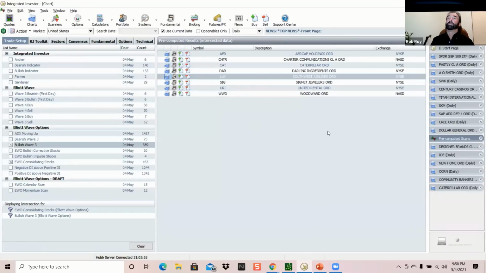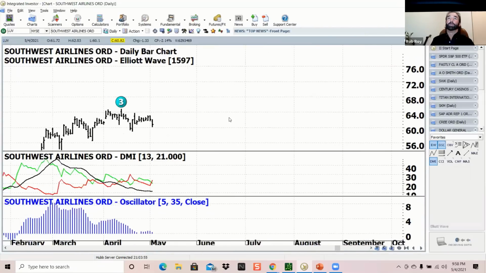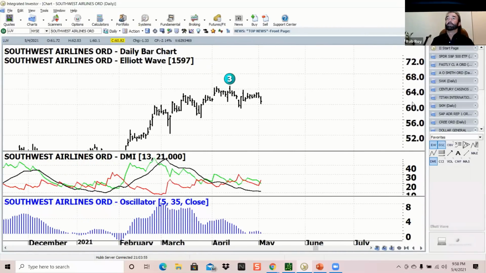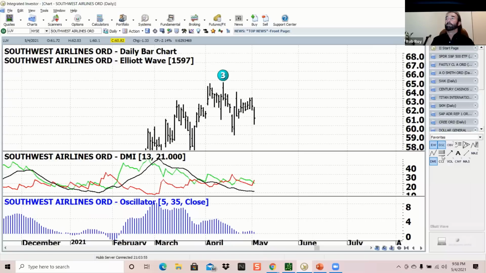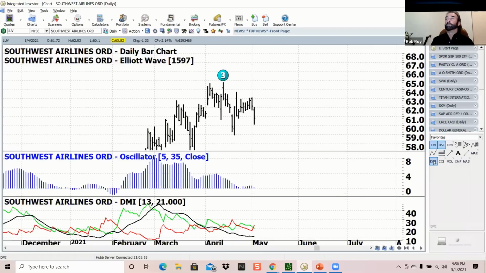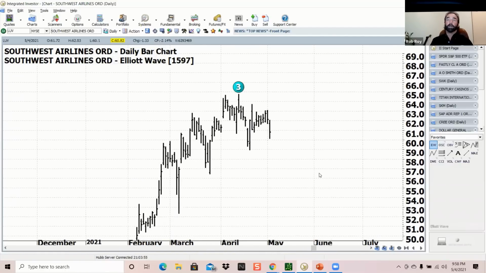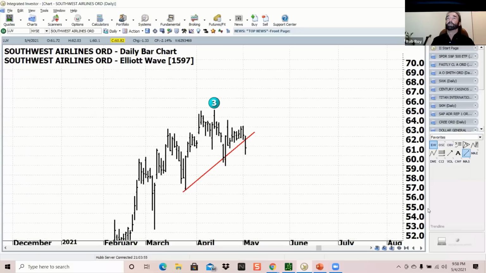Southwest, it's been on the search before. And this one makes sense because of the dichotomy that airlines are in right now, where people are starting to fly again. They're going to start increasing capacity so they can fly more people. But now fuel costs have gone up.